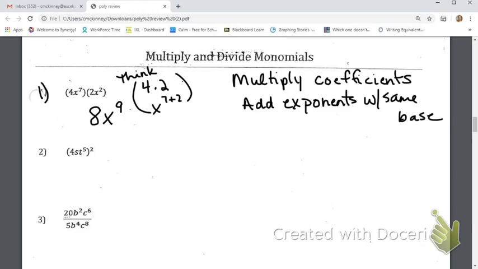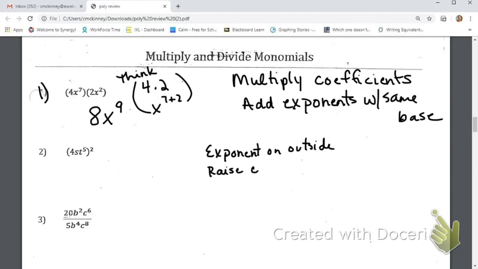So in number 2, is it multiplication? Not exactly right, not the way it's written right now. There's an exponent on the outside. You could rewrite it and treat it like multiplication. But when there's an exponent on the outside, we talked about this on the front page too.